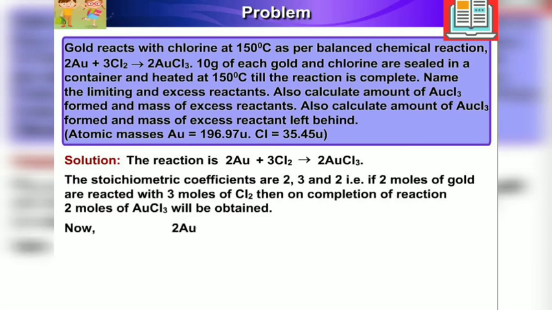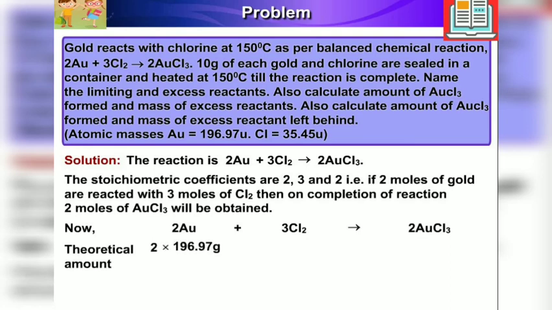Now, 2Au plus 3Cl2 gives 2AuCl3. Theoretical amount: 2 multiplied by 196.97 grams plus 3 multiplied by 35.45 multiplied by 2 gives 2 into (196.97 plus 3 multiplied by 35.45).